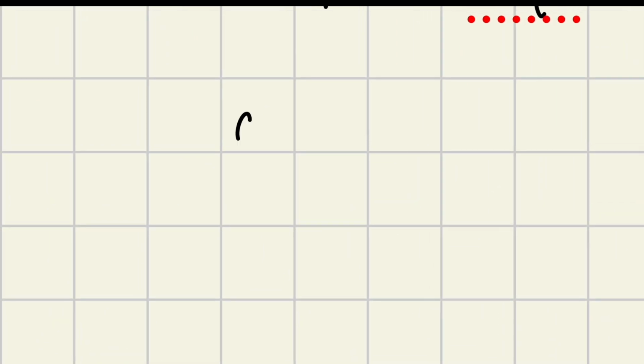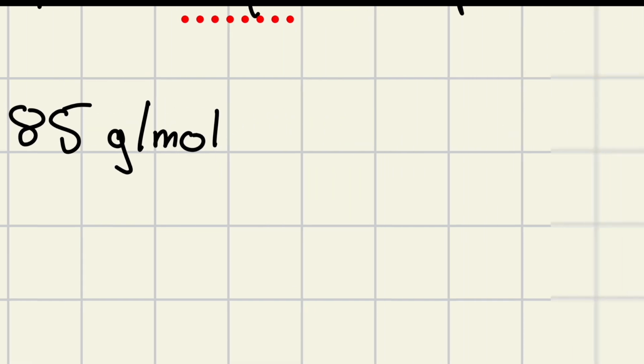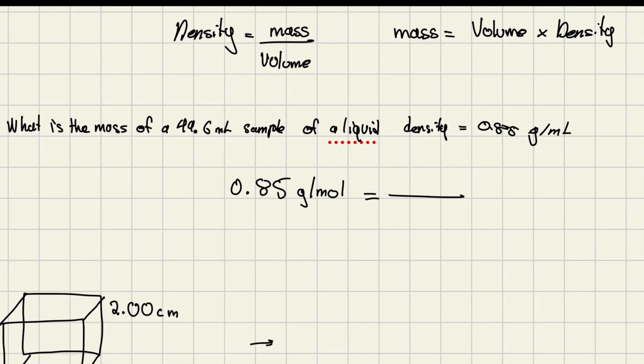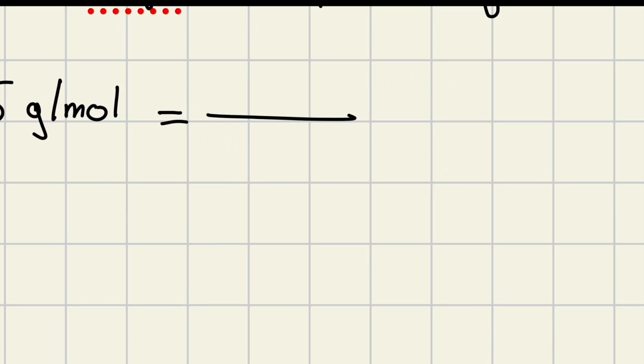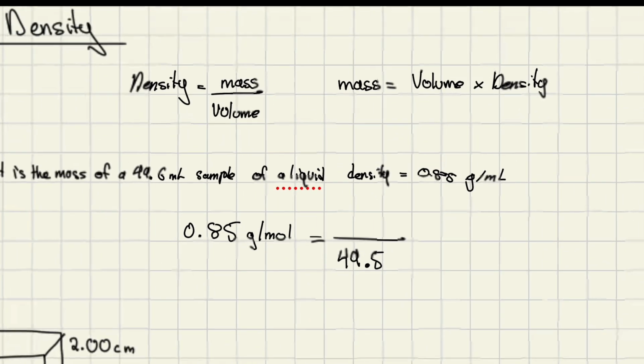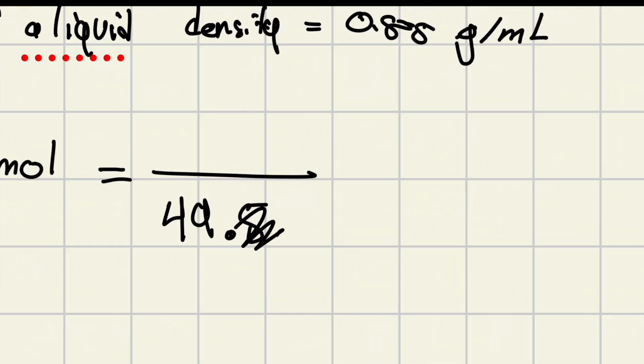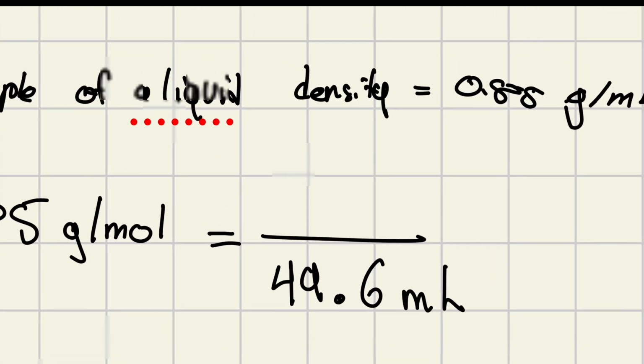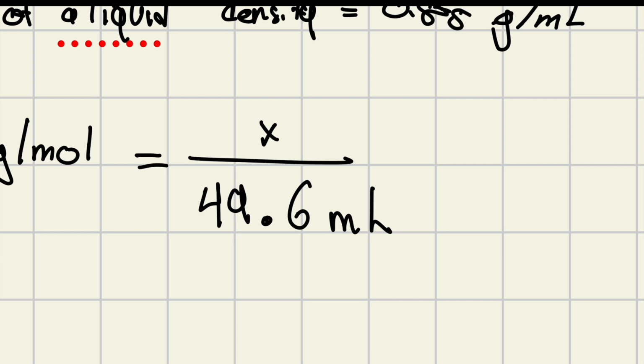Well, let's do 0.85 grams per mole is equal to, well, the formula says volume is at the bottom, so we'll put 49.6. And since we don't know the mass yet, let's put an x.